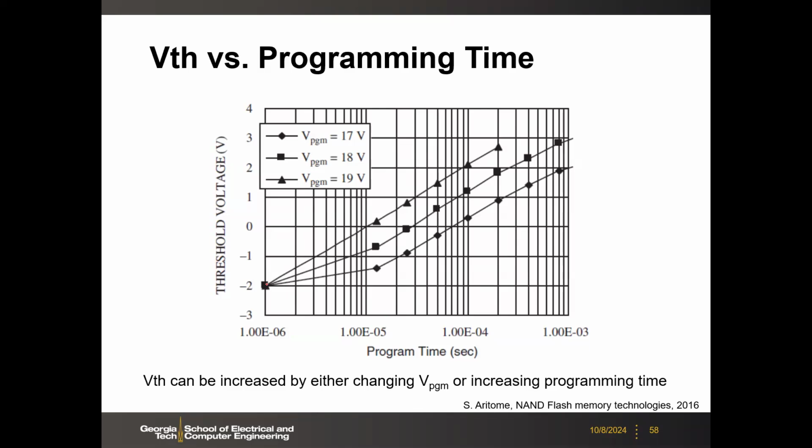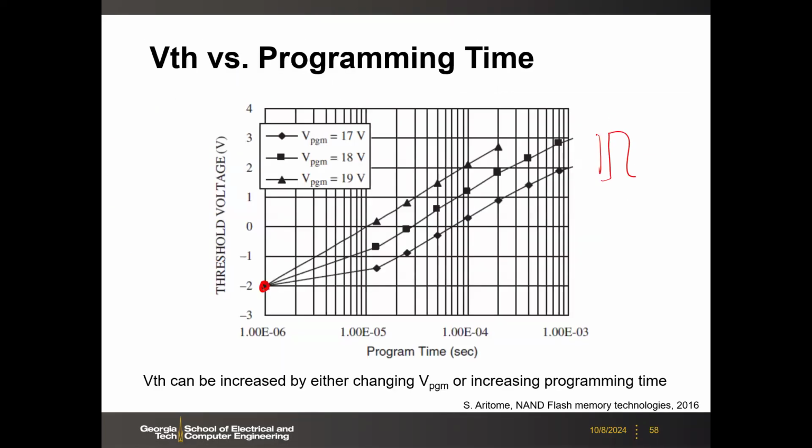Here we always erase, if you recall, NAND flash erase is done by block, right? The entire block will be erased. So you start with the erased voltage, as I said earlier, typically a negative threshold voltage, like negative 2 volts. And then you apply the programming voltage. Here you have different voltages from 17, 18 to 19 volts. And then depending on the pulse width, right?